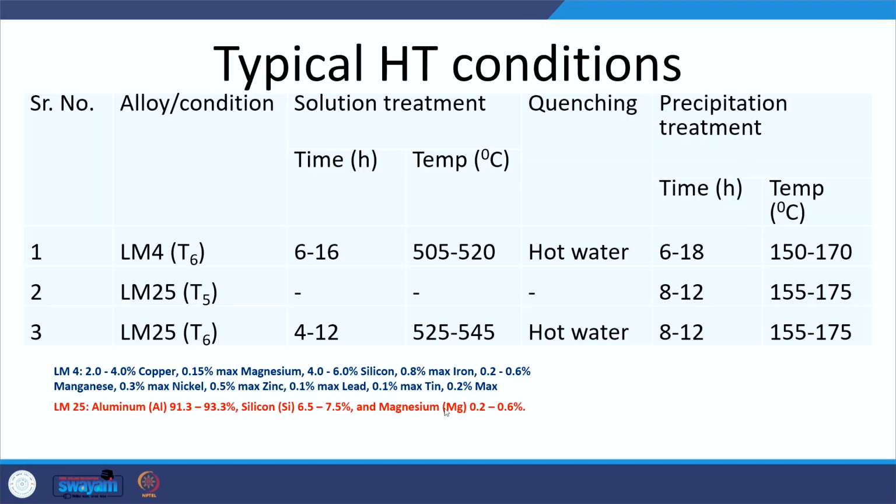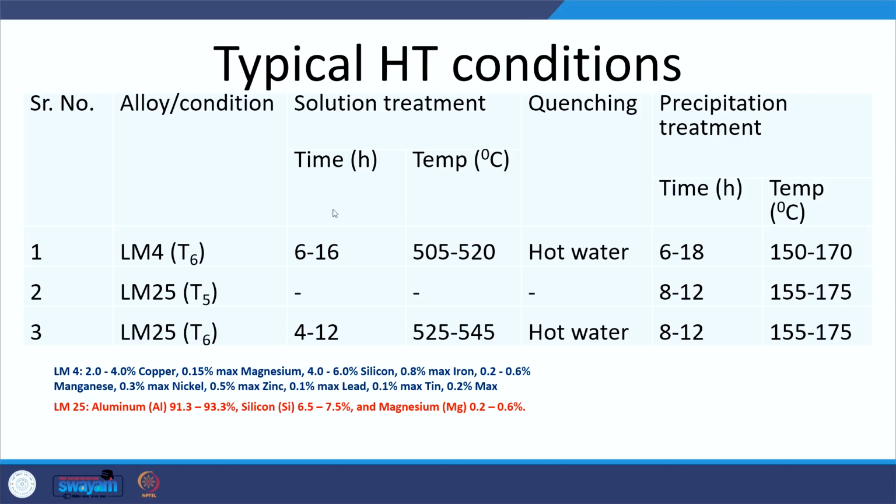The typical heat treatment conditions which are used for improving the microstructure and properties of precipitation hardenable aluminum alloys are given in this table. It shows LM24 subjected to the T60 treatment, LM25 subjected to the T5E treatment, and LM25 subjected to the T6E treatment.